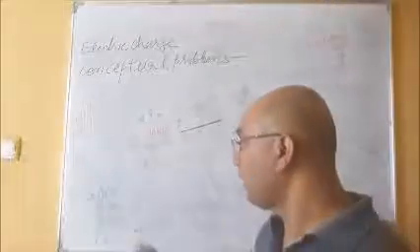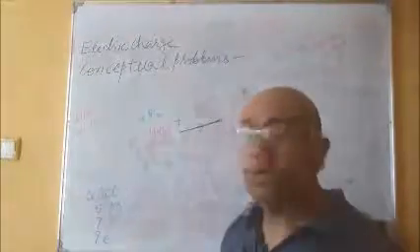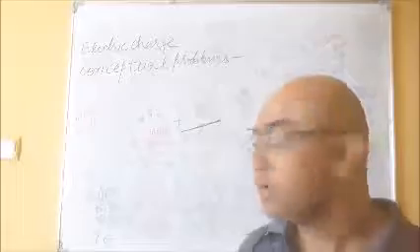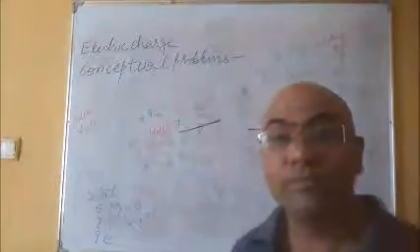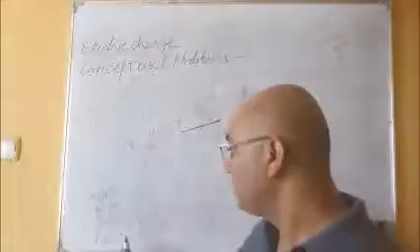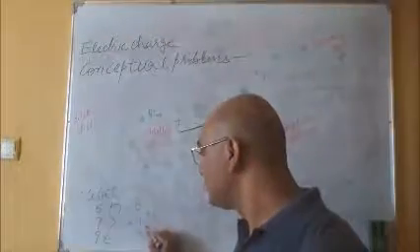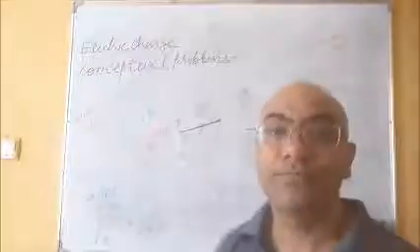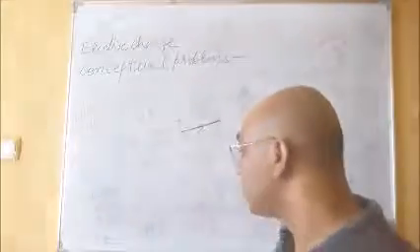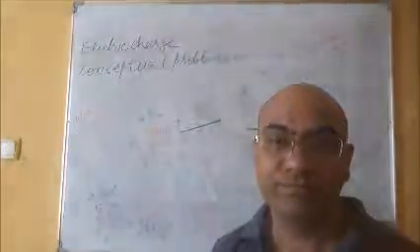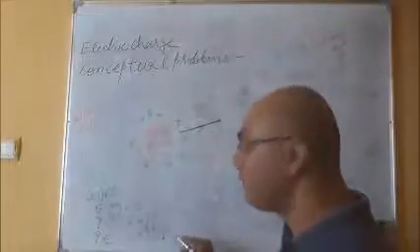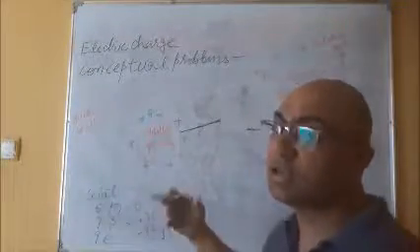Here 7 protons means 7 coulomb. 9 electrons means minus 9 coulomb. So what is the total charge? Minus 2 coulomb. And you know the value of 1 coulomb is 1.6 into 10 to the power minus 19.